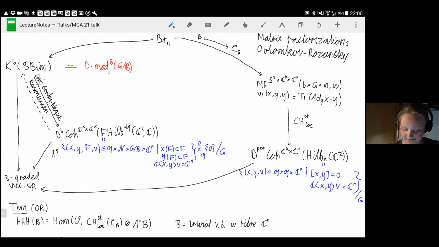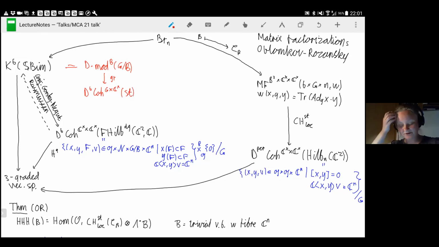Now we can do something, and I'll explain this a little bit later. We can take what's called an associated graded, or something related to the associated graded, which I will say some more words about later. This takes us from D modules on the space to coherent sheaves on its cotangent space.